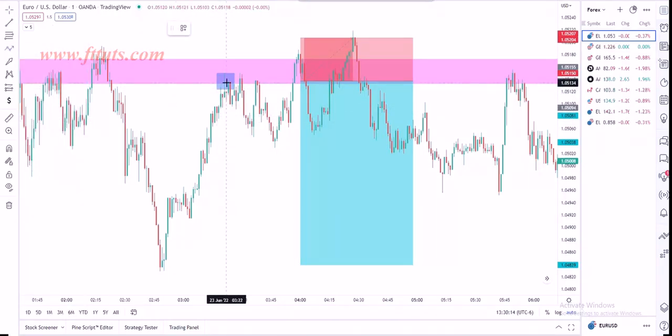Then it pulls back. It kind of makes a funky double top sort of thing. Not real clean here. I'm just going to call that one tap. Then, okay, it shows us some sign of life, right? Breaks a little bit of structure, comes back up, not a valid entry, shows us a little bit of a sign of life right here, okay?